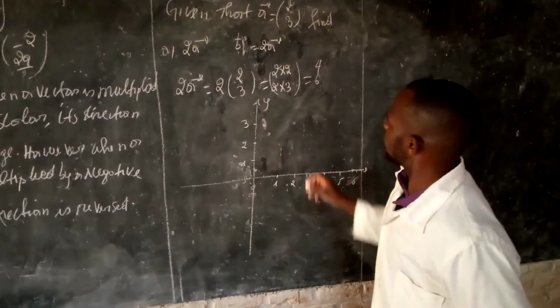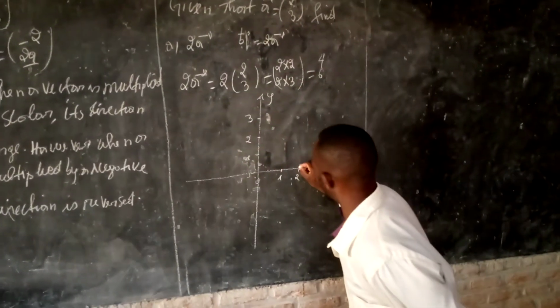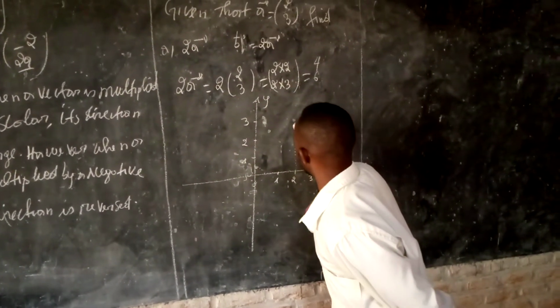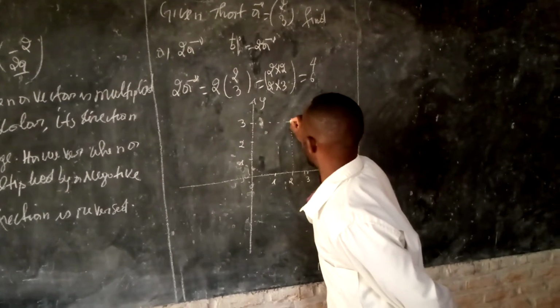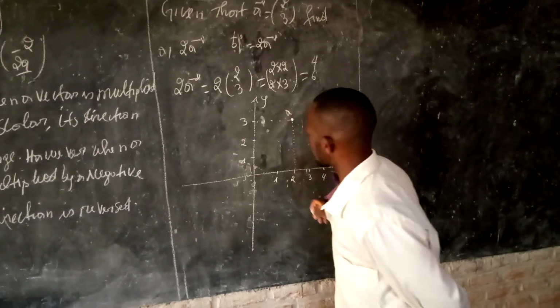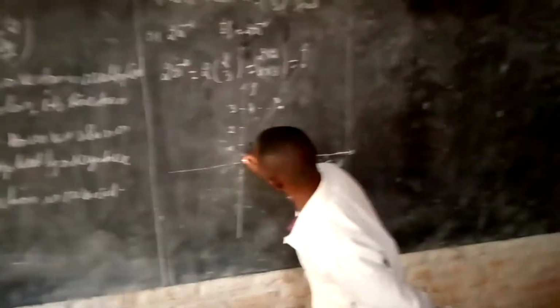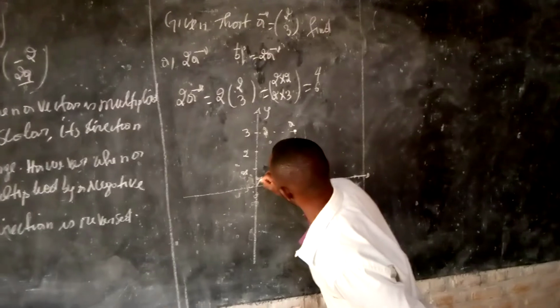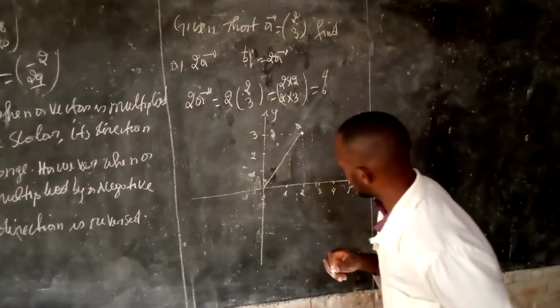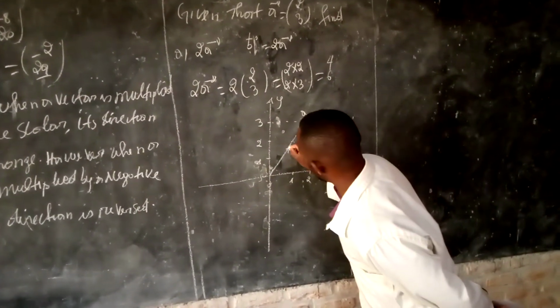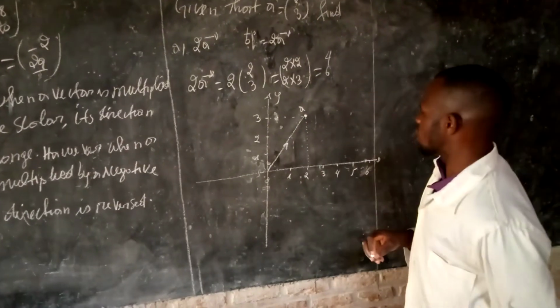So now vector A is (2, 3), which means 2 on the x-axis and 3 on the y-axis. This is A. The vector A starts from the origin. This is vector A.